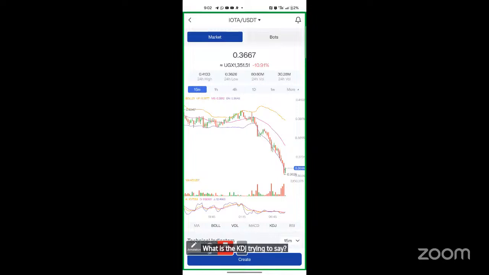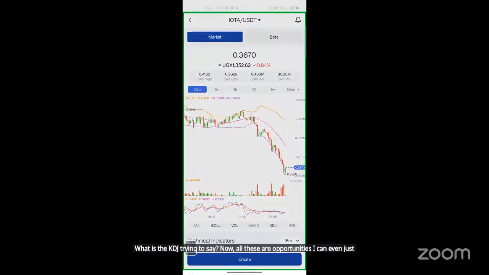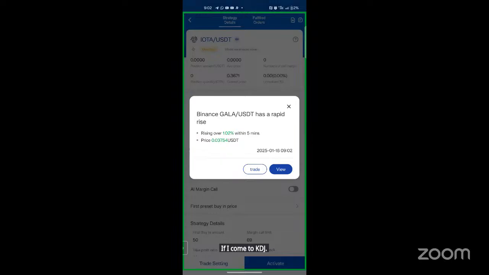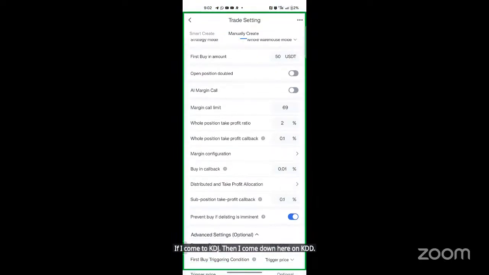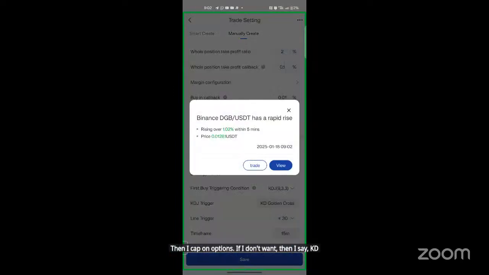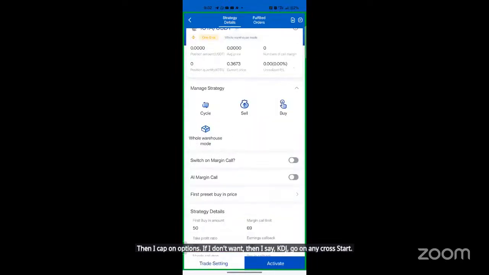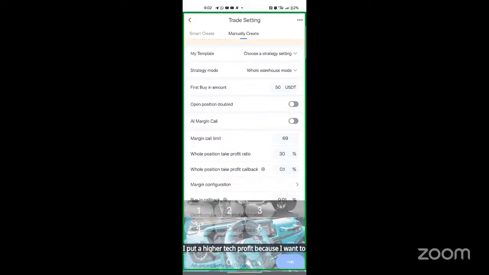Now, all these are opportunities. So I can even just say KDJ. I come down here on KDJ, then I tap on options. I say KDJ, golden cross, start. I put a higher take profit because I want to stay in the coin for a longer time.